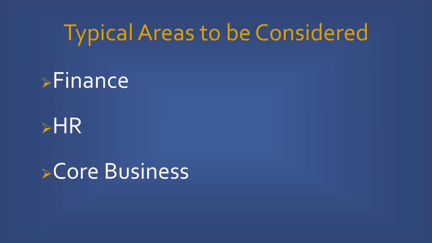Now, typical areas to be considered. To have paperless offices, what are the main areas to be considered? Finance, HR, and the core business. Most of the time, we look after the operational part of the core business. But the finance part, nobody is going to touch that area.